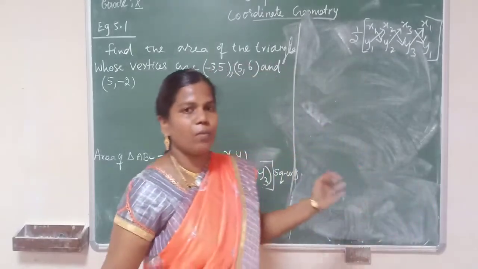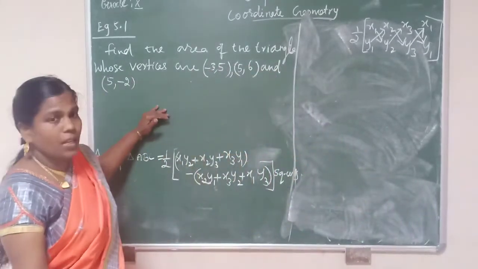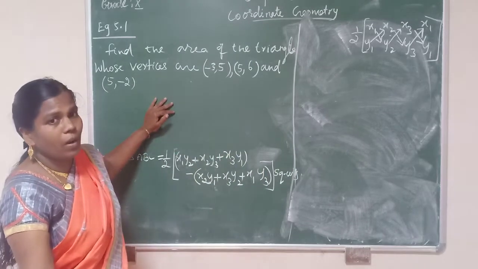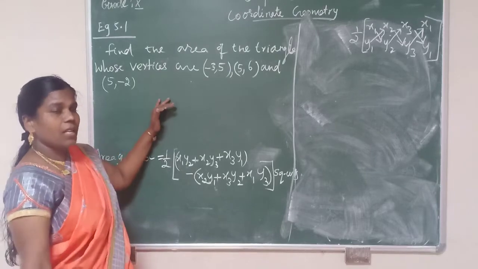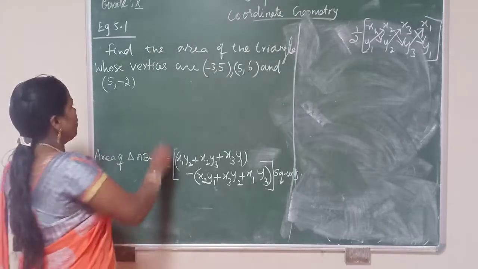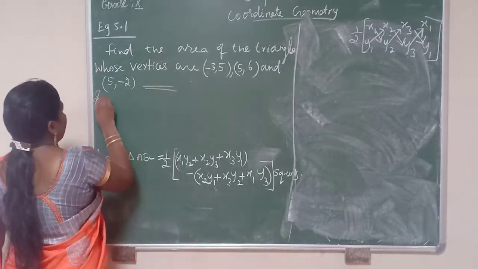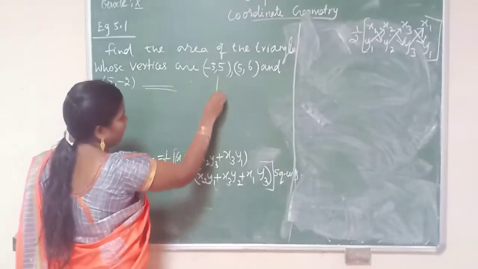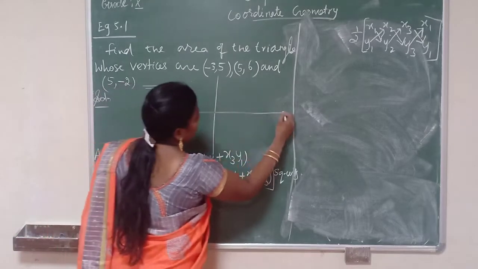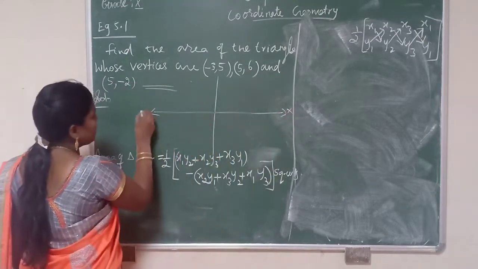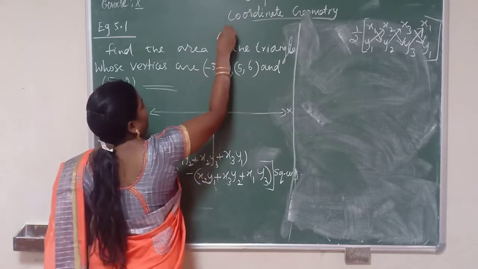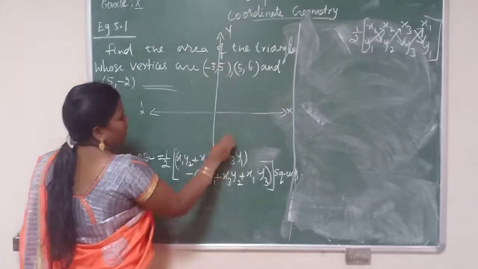So we have the formula, by which we can find the area of these 3 given points. Before that we have to plot the points in a rough diagram. Let us plot the given points in a rough diagram. So x dash, here also y dash.